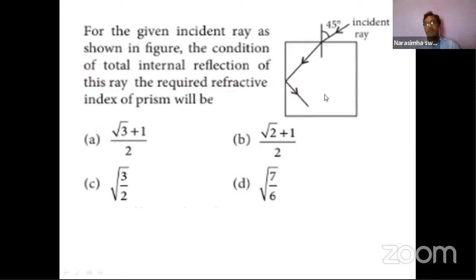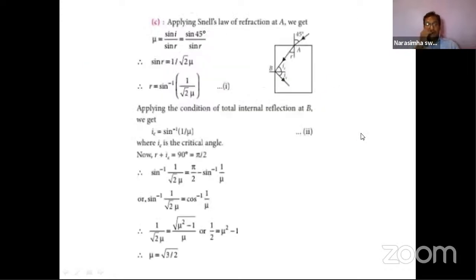Then what will be the refractive index of that medium, they are asking. Let me explain the diagram first. The light ray makes a 45 degree angle with the normal. If this is 45, then here is R, and the refracted ray is incident at a point B here.